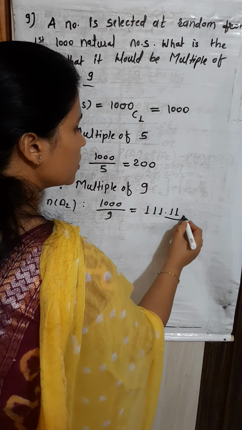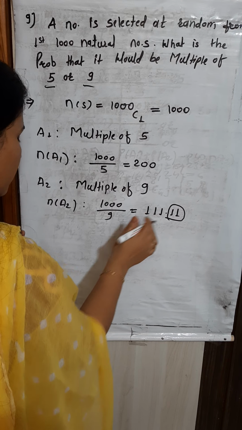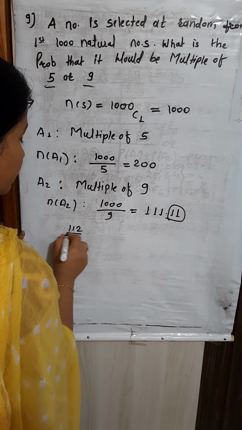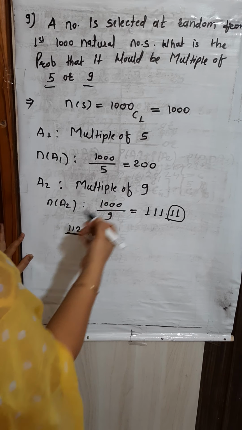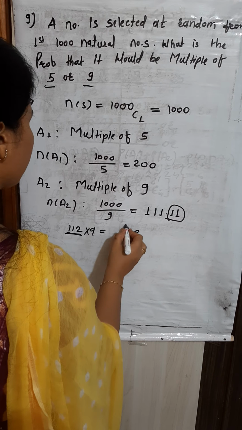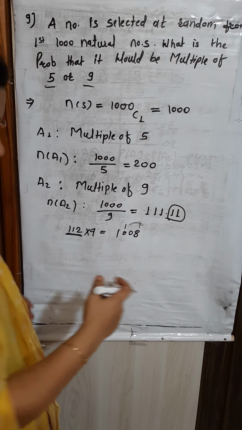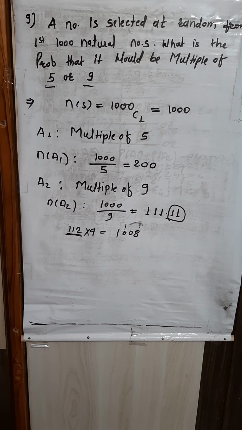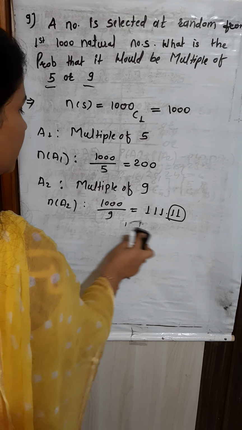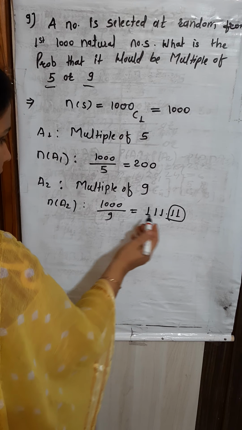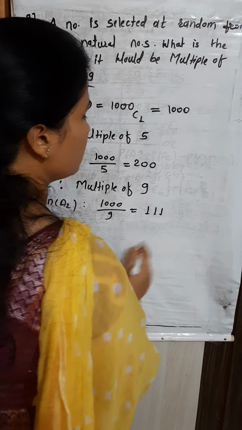We'll remove this fractional part because if we take the 112th multiple, 112 into 9, it gives a number greater than 1000. The 112th multiple of 9 is 1008, which is not in our range, so we cannot take 112. We'll take only 111. It means there are 111 multiples, because the decimal part is not considered.